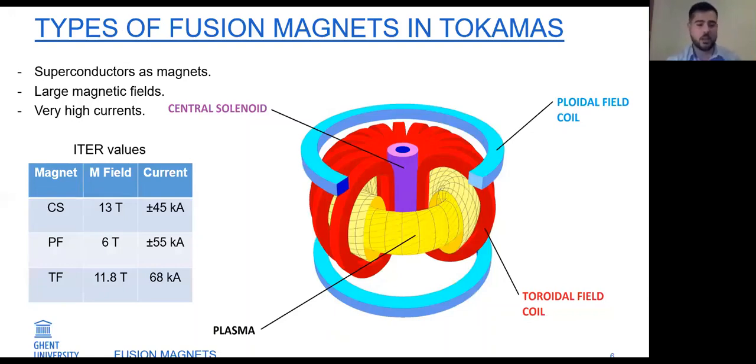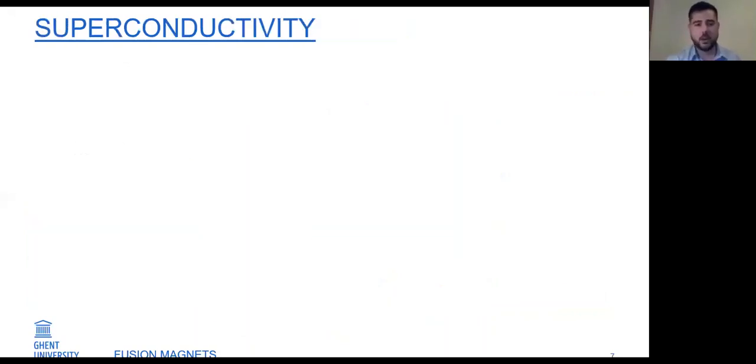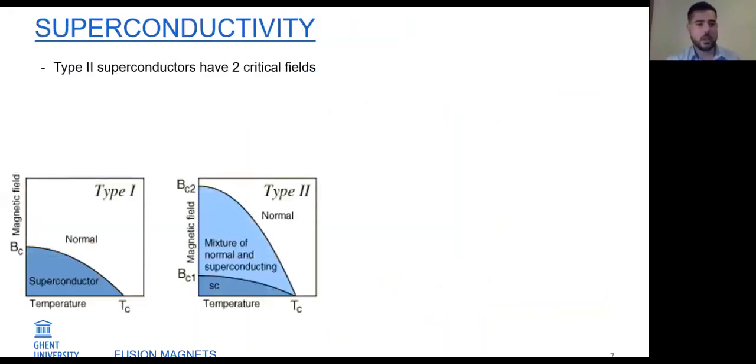As we said, it is about the low temperature superconductors. Well, not only low temperature, but let's talk about superconductivity briefly. Superconductors used for fusion are type 2 superconductors, because they can support more magnetic field than type 1.